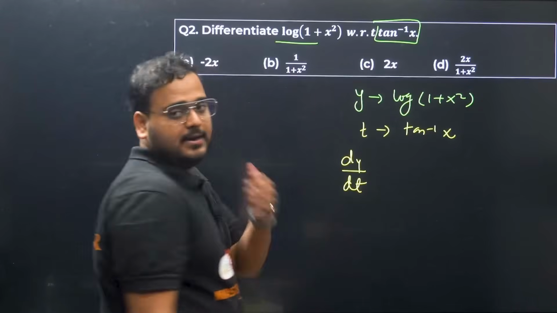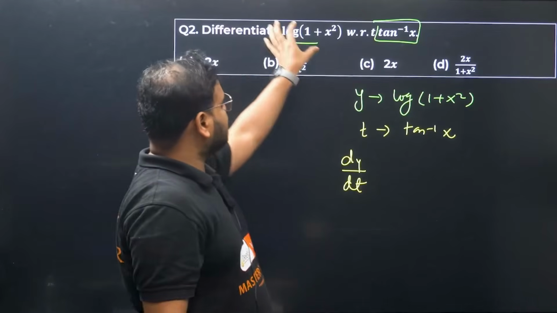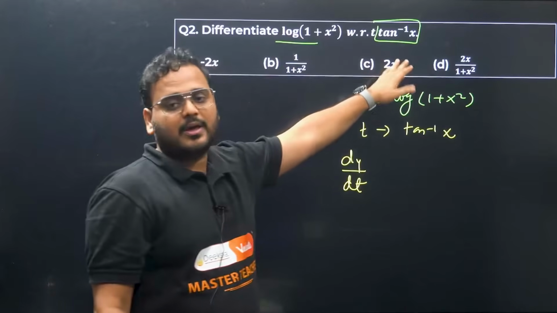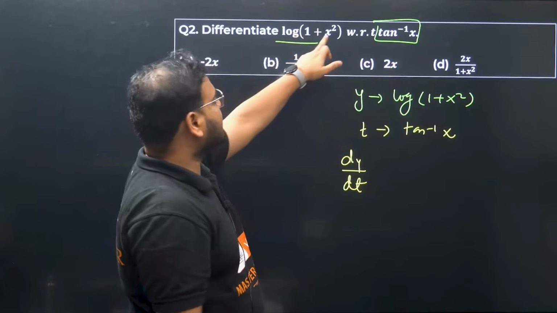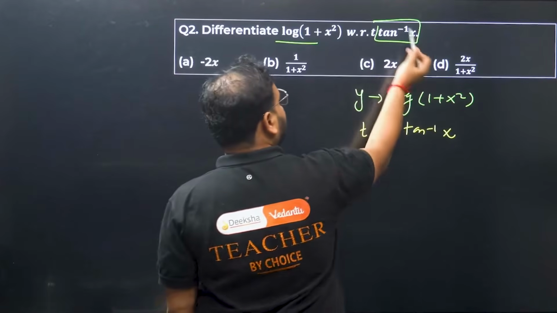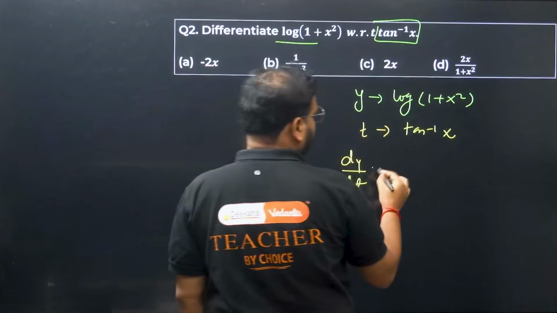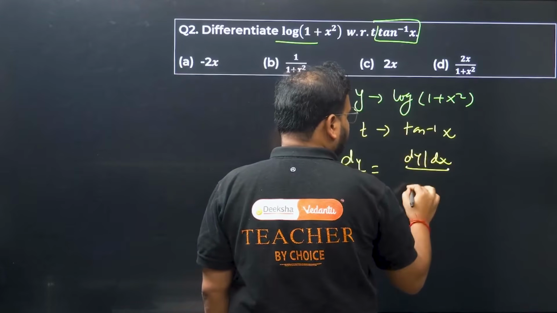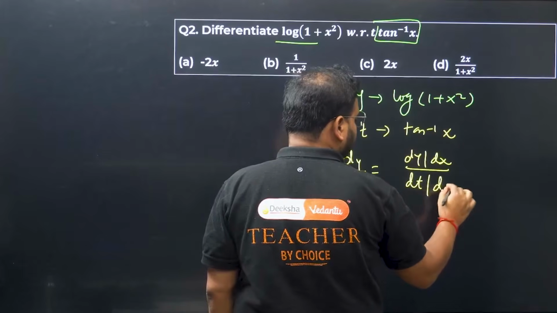dy by dt. How come, sir? Because they are saying that differentiate this with respect to this one. So this is my function y, which is written in terms of the variable x, and the function t is also in the variable x only. The derivative of this will become the derivative of y with x upon the derivative of t with x.